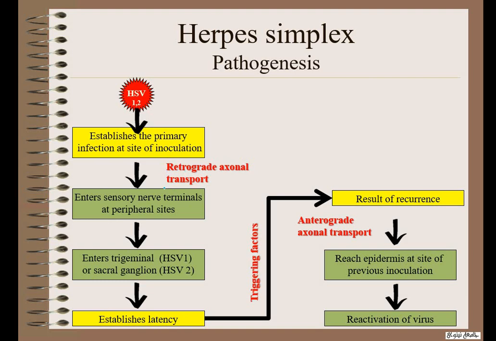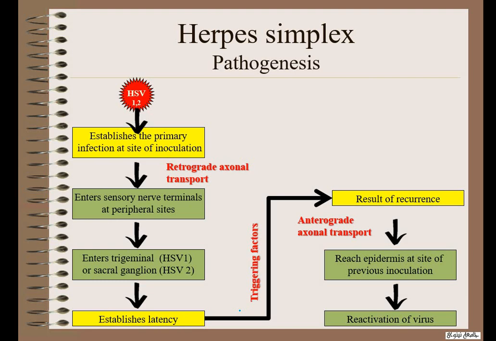So the virus enters retrogradely into the sensory nerve terminal at the peripheral site. For example, herpes simplex 1, if it is affecting the face, usually goes to the trigeminal ganglion, while herpes simplex virus 2 usually goes to the sacral ganglia. And once it reaches this area, it establishes a latency period.